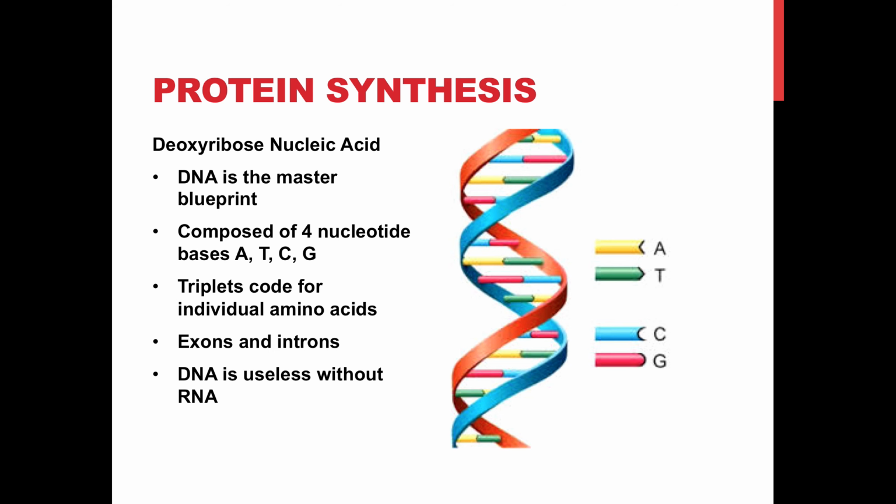So if you have 300 A's in a row, you're going to have a protein made out of 100 phenylalanine, because AAA is a code for phenylalanine. Same thing if you have CCT, CCT, CCT over and over again, you're going to have a glycine bound to a glycine bound to a glycine.